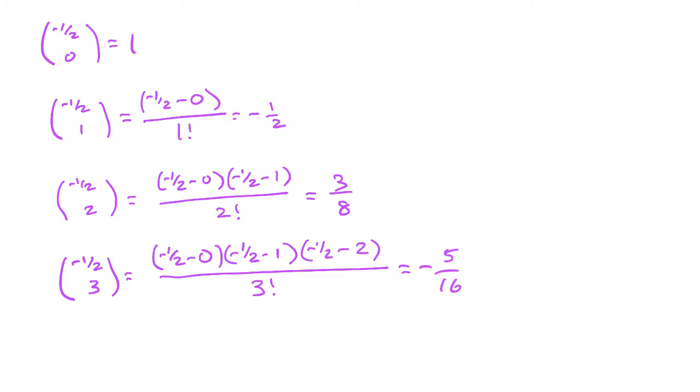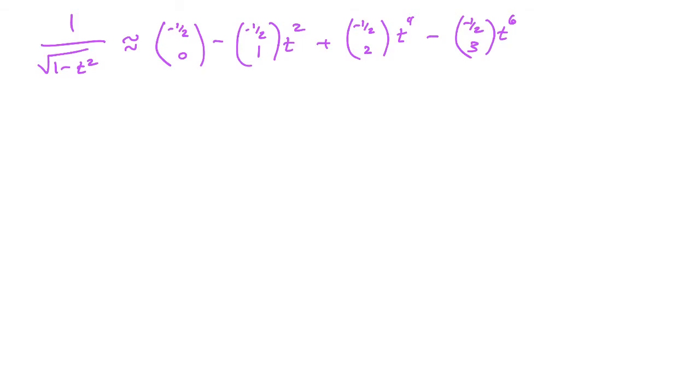Taking these values and plugging them into our series expansion, the approximation for 1 over the square root of 1 minus t squared is approximately 1 minus negative 1/2 t squared plus 3/8 t to the 4th minus negative 5/16 t to the 6th.